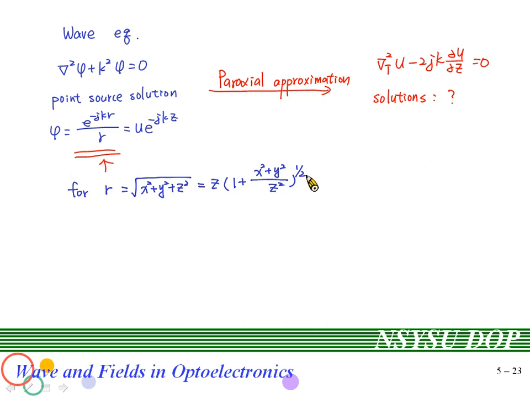Okay, and as the wave propagates very far away from the original point, z will be very large compared to x and y. So this term will be much smaller than 1.